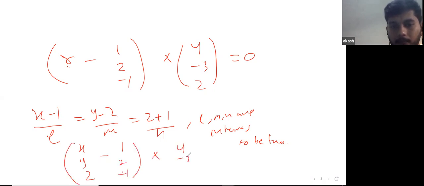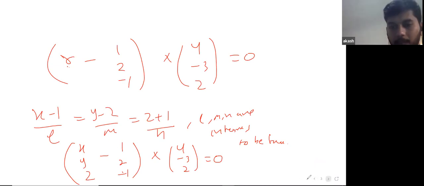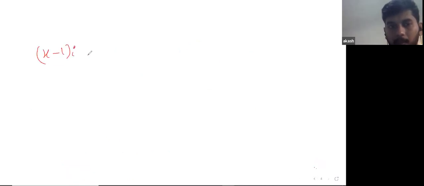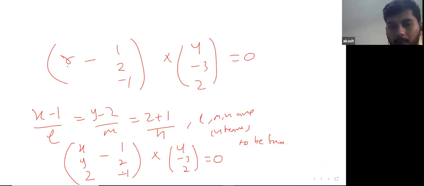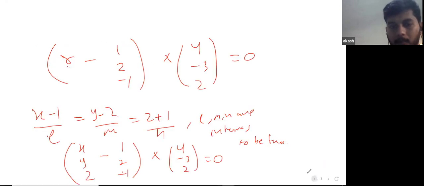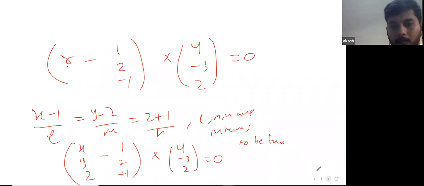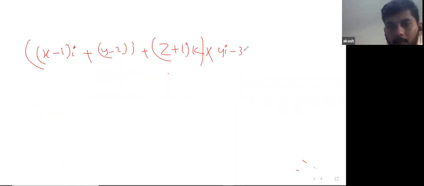So subtracting these two matrices, can I write x minus 1 i cap plus y minus 2 j cap plus z plus 1 k cap, cross 4i cap minus 3j cap plus 2k cap, equals 0?